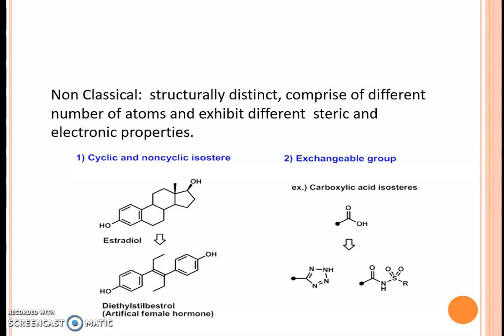You can see cyclic and non-cyclic isosters, estradiol and diethylstilbestrol. The structure is totally different. One is cyclic, another is non-cyclic, but they are bioisosters. Next, you can see isosters of carboxylic acid. They are also structurally very different.